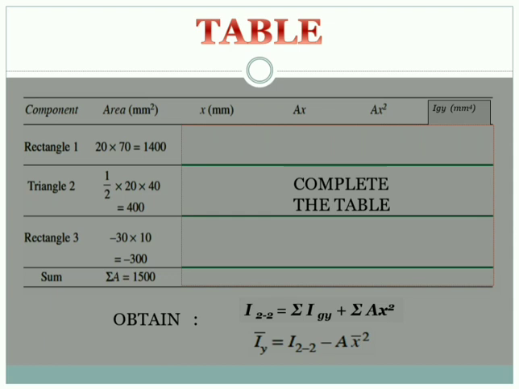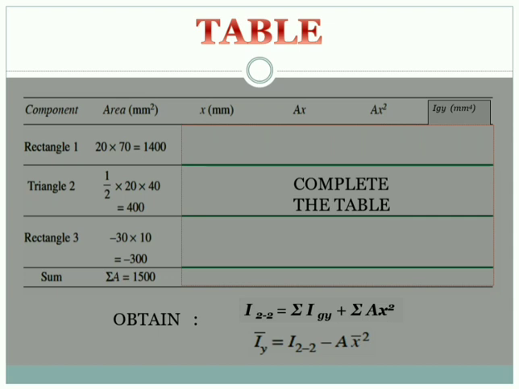So properly fill this table and obtain the value of I 2-2. Then going further, obtain the value of I bar y and use this I bar y value to find the radius of gyration, because we want the radius of gyration with respect to the axis which is normal to the symmetrical axis.